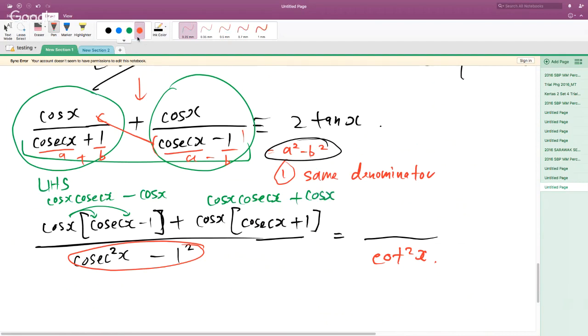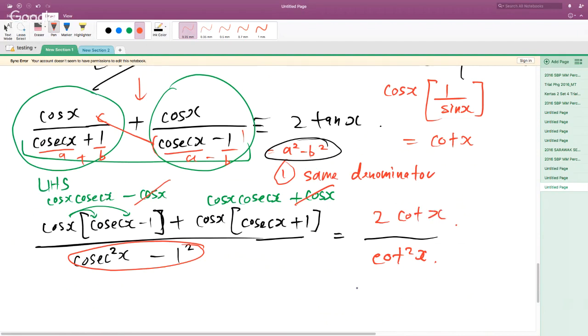So plus and minus, I will simplify. I will leave this one. So what is cos x and cosecant x? Cos x multiply with cosecant is 1 over sin x. So basically, you will get cotangent x, because cos x over sin x is cotangent. And then you have 2 of it. So this one is 2 cotangent x.